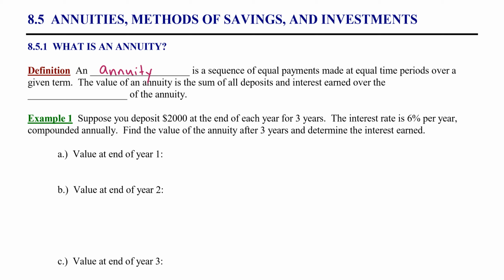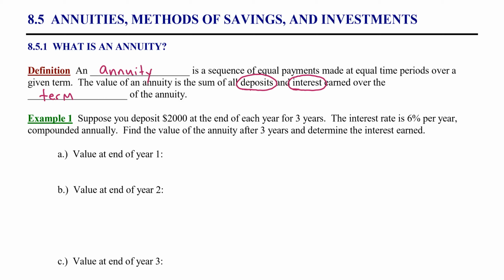The value of an annuity is the sum of all deposits and interest earned over the term of the annuity. So the way an annuity grows is by the deposits that you make, and oftentimes employers will match your deposit into your annuity account if you have benefits, and that account is growing because of compound interest as well.